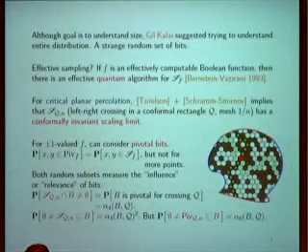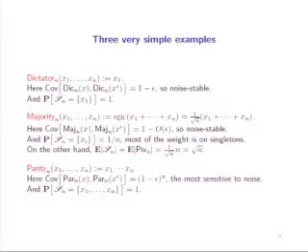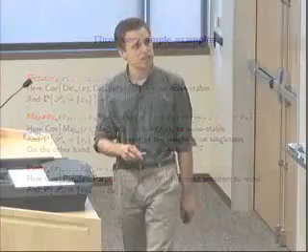Okay, so what do I want to say? We have this spectral sample, and you have sort of seen these examples in the previous two talks. For example, the dictator, which is just, say, the first bit, is very noise stable because you have to touch the dictator in order to make a change.